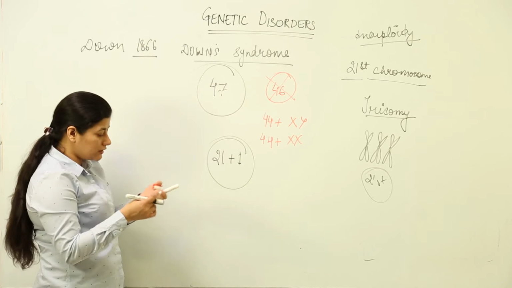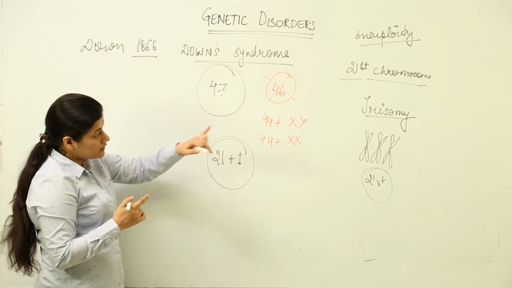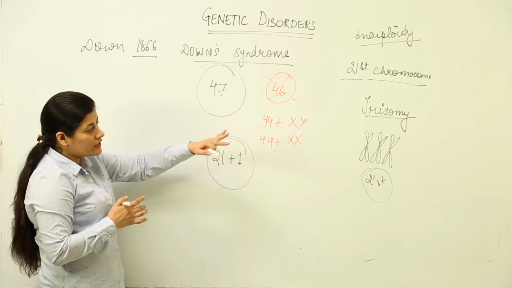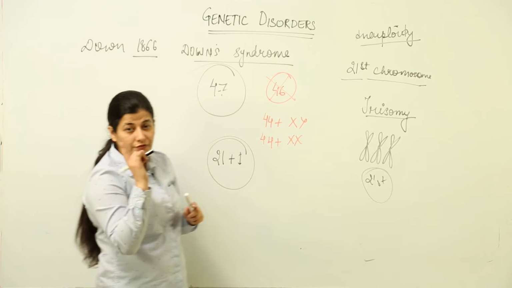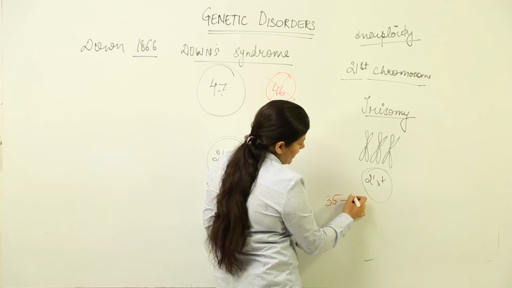Now, there are other reasons also. What could be the main reason behind this trisomy occurring? Trisomy occurs when the mother conceiving is within the age of 35 to 40.